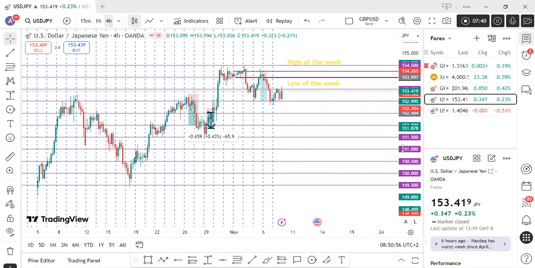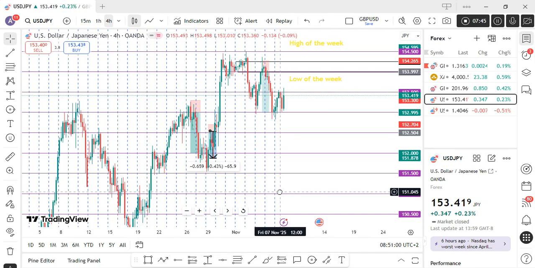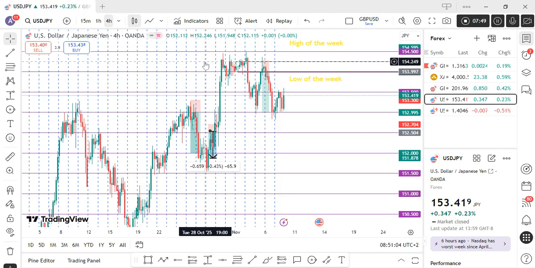Okay, so as you can clearly know, and probably you've understood by now, each of my psychological levels are 50 pips apart. That's the psychological levels. So from where I marked it out, you can see here is a 50 pip movement. Then here is another 50 pips movement, which is 100 pip movement.